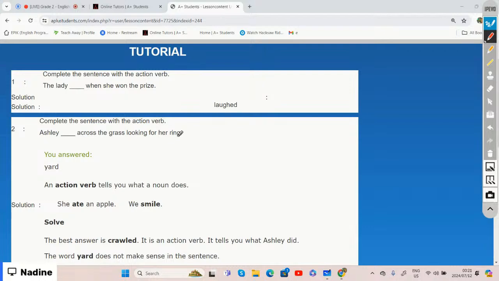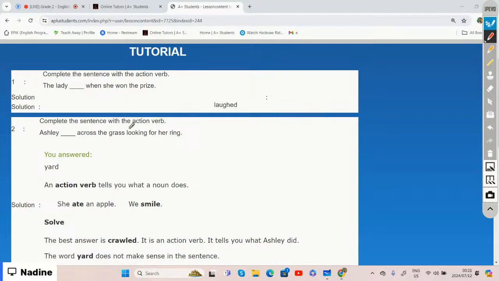What would you do in order to go and find or to look for the ring? Screamed is also correct.